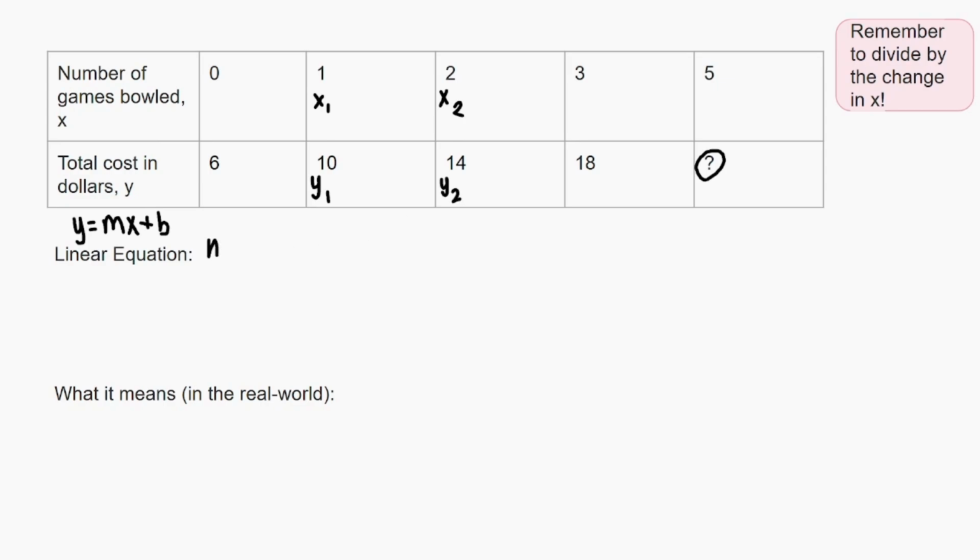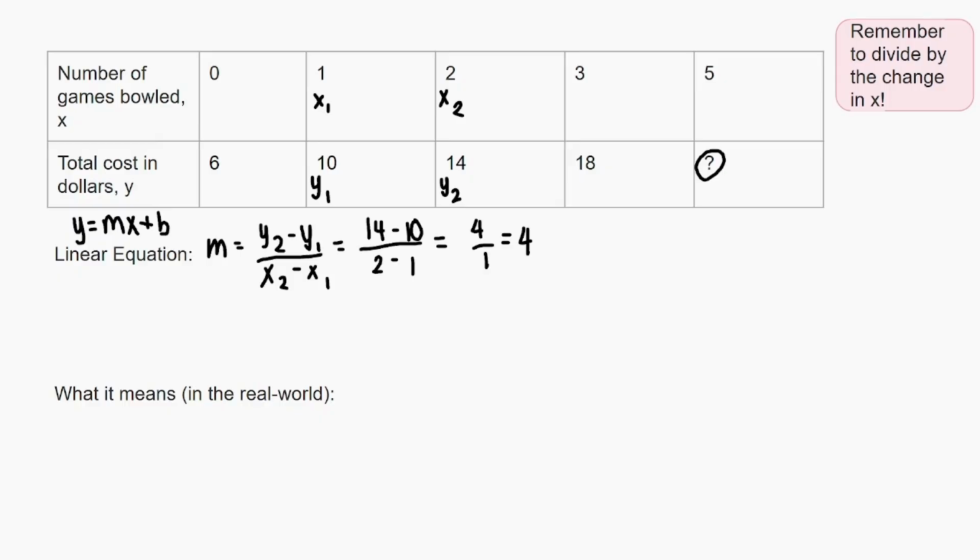To find the slope, we do m equals y2 minus y1 divided by x2 minus x1, which gives us 14 minus 10 divided by 2 minus 1, which gives us 4 divided by 1, which is 4. So we know the slope is 4. So we have m equals 4, and now we're looking for a value of b.